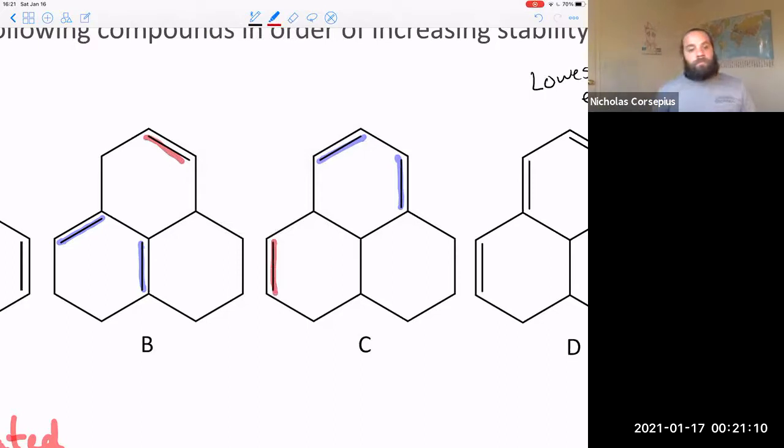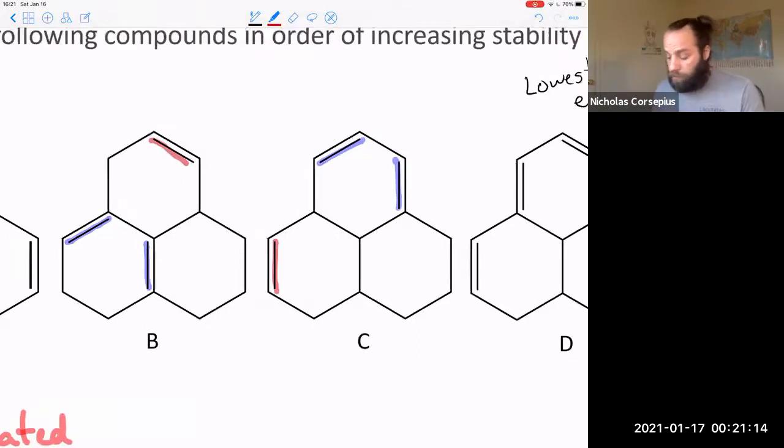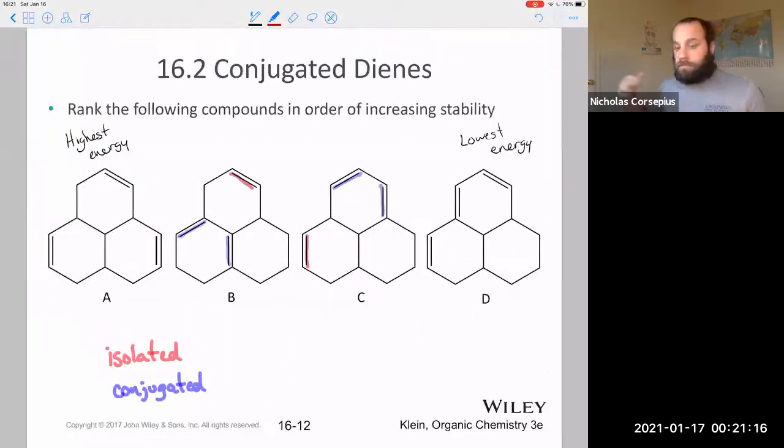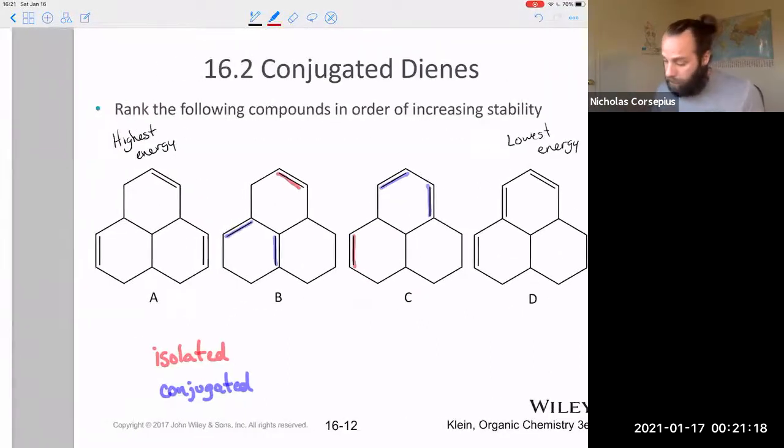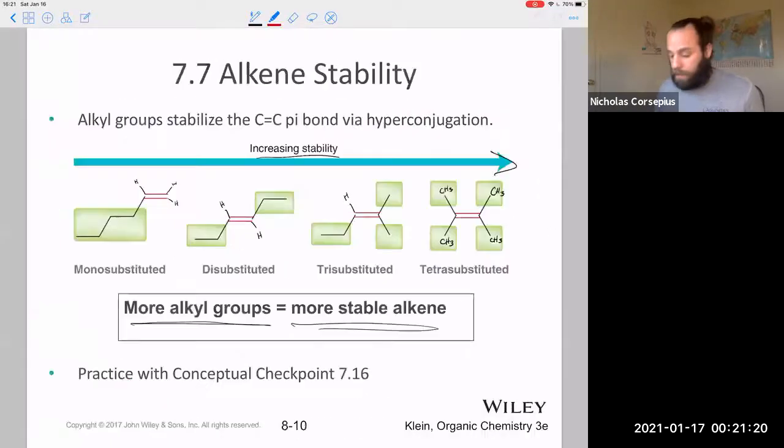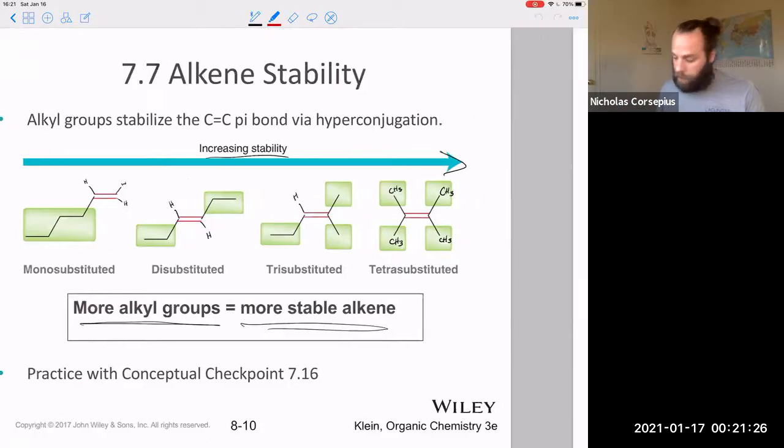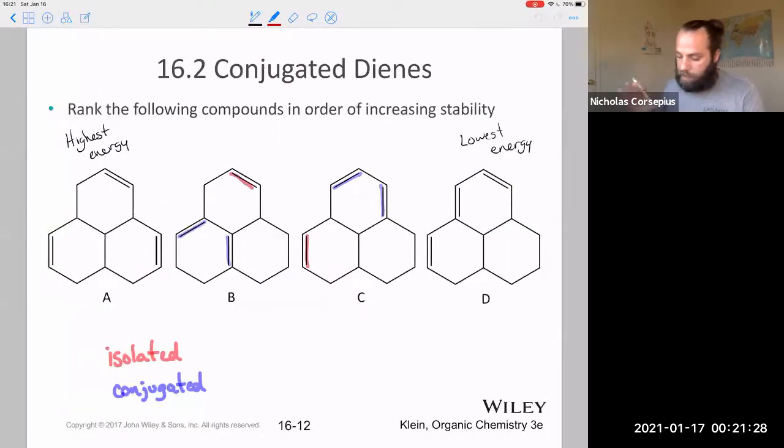Now which one's going to be more stable than the other? Now that we have a tie, two conjugated, one isolated, we have to go back to the idea that more substitution leads to more stability. So which one of these has the more highly substituted pi bonds?